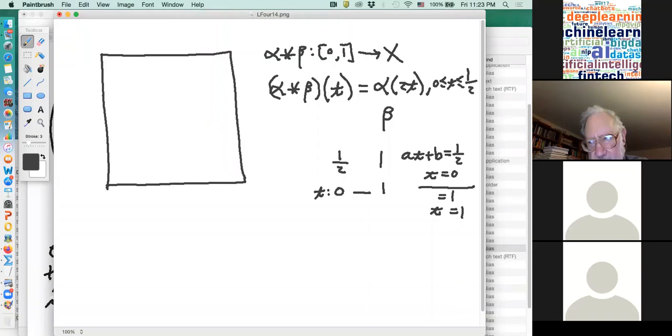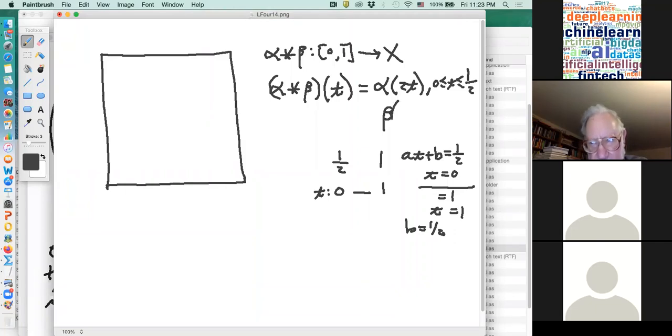So when t is equal to 0, we get b is equal to 1/2. And then when t is equal to 1, we get a plus b, and that should be equal to 1. So a should be 1/2.